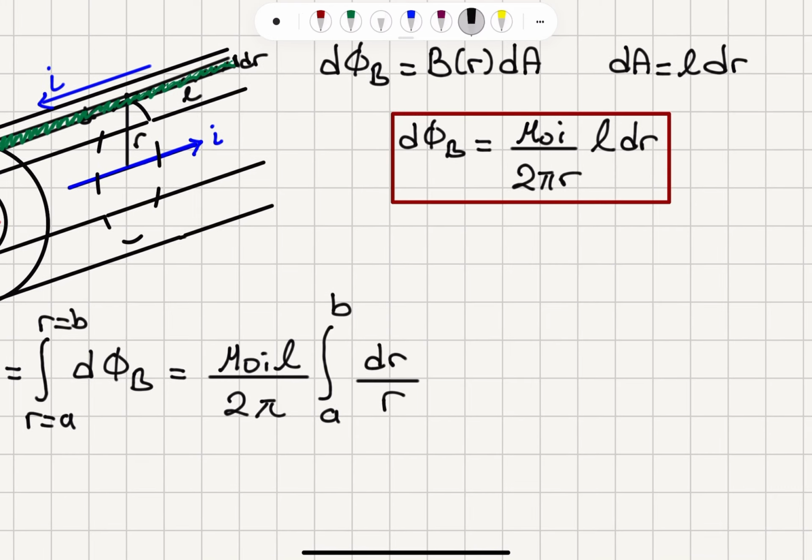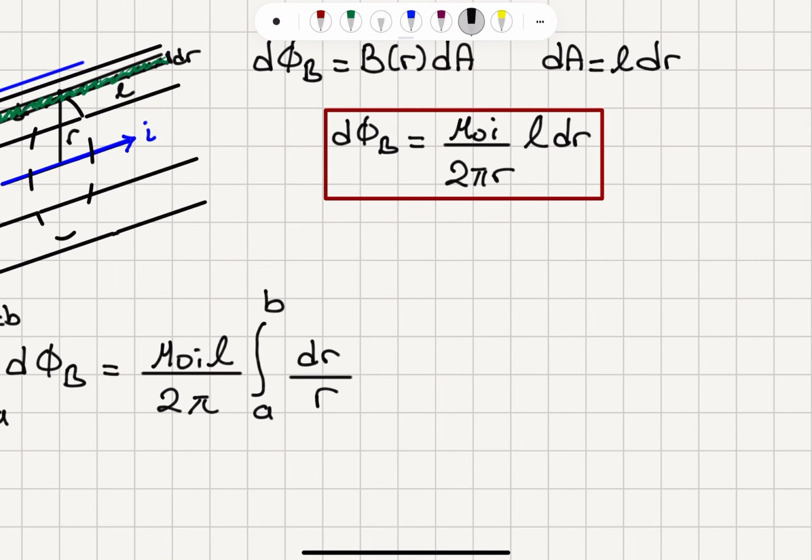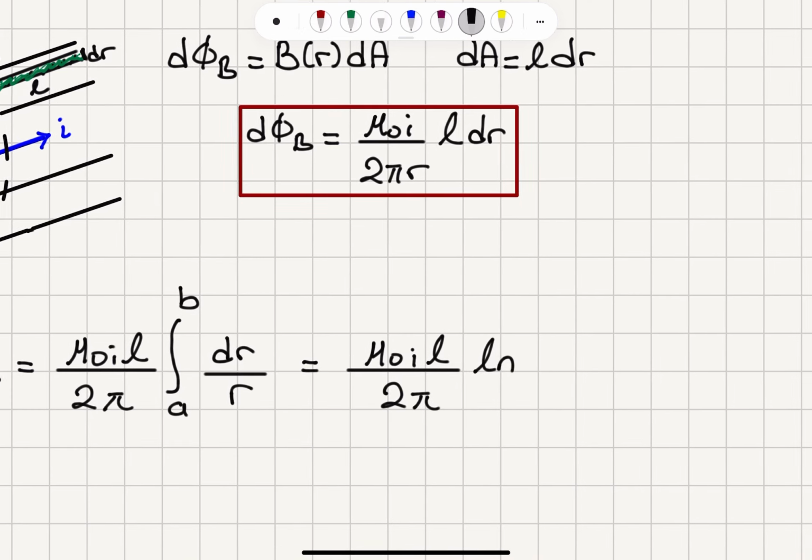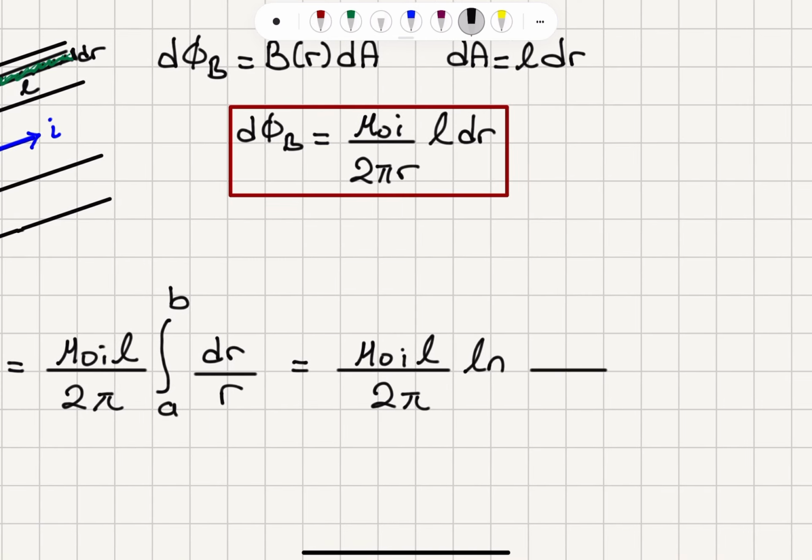That is what we're integrating over. And from A to B, this is going to give us natural logarithm B over A. So this is mu 0 I L divided by 2 pi natural logarithm of B over A.